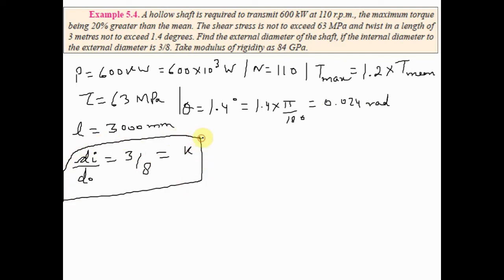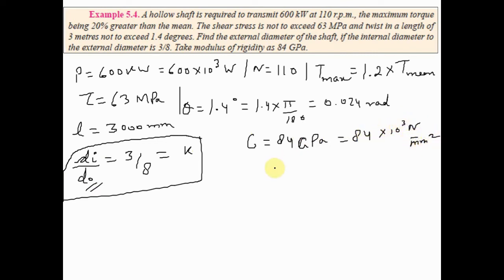Now we have to find the external diameter of the shaft, that is, we have to find the value of do. And modulus of rigidity is given as 84 gigapascals, that is equal to 84 times 10 to the power 3 Newton per millimeter square.